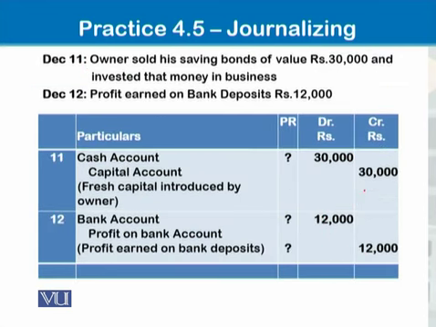Next comes owner sold his saving bond for value of 30,000 and invested that money in the business. What is the concept? The concept is there is an investment in the business by the owner. Whenever there is an investment by the owner in the business, it gives us an accounting head which is known as capital. And capital is an accounting head of owner's equity.